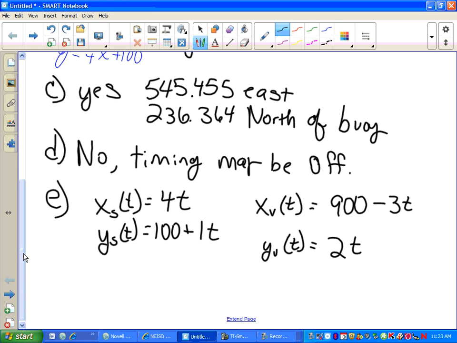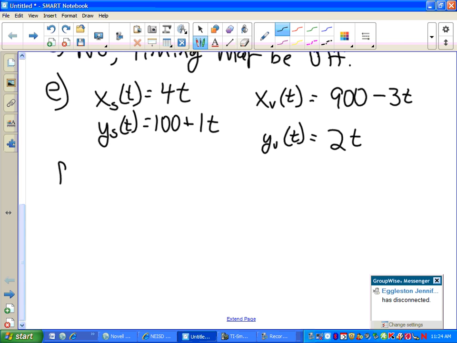Okay, so part F says, when are the boats at the same position horizontally? Well, how am I going to do that? Anybody? When are they the same place horizontally? What's horizontal, X's or Y's? X's, right?